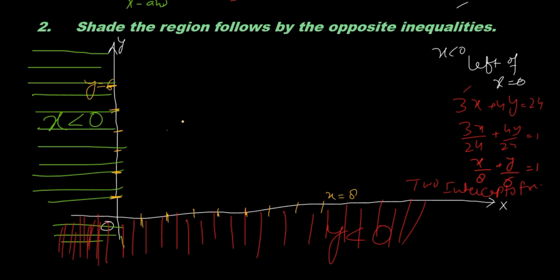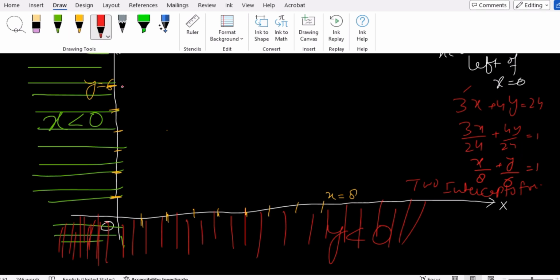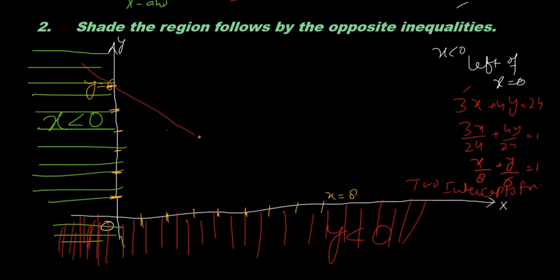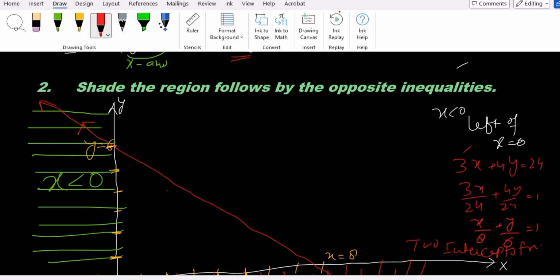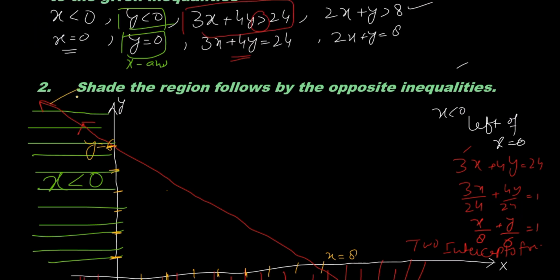So by joining these two intercepts, we can draw the graph of this line. So this solid line represents the graph of 3x plus 4y is equal to 24, but we need to find the graph of this inequality. As this inequality has a greater than sign, the shaded region will be above this line.